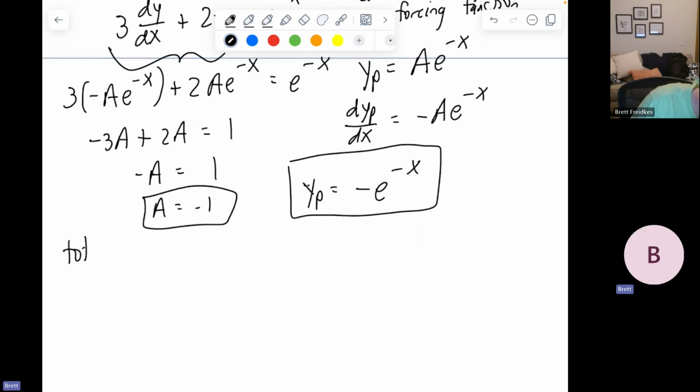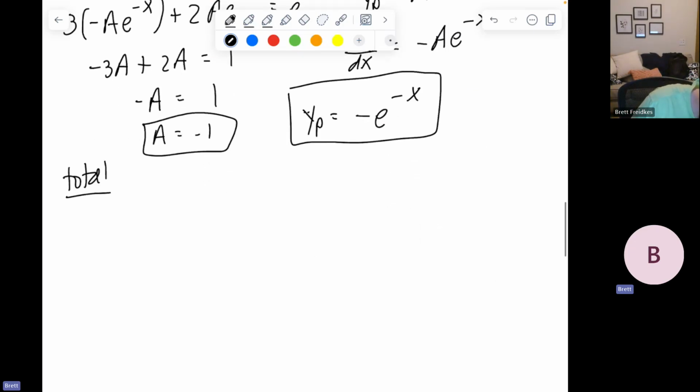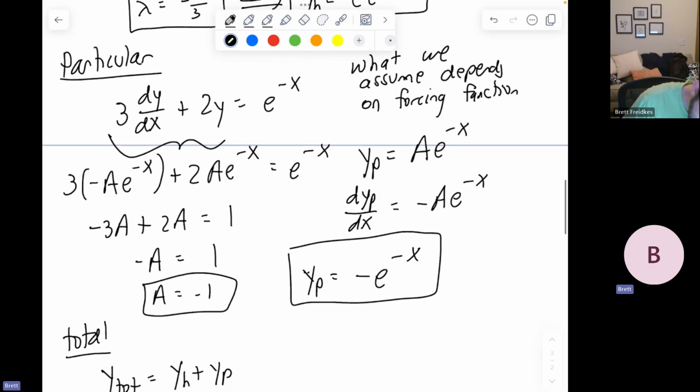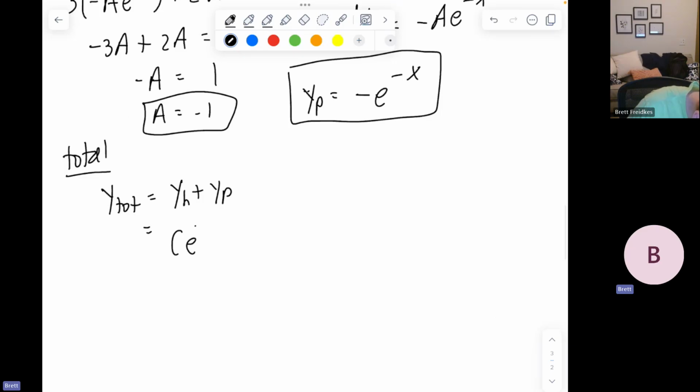So our total solution now is the sum of those two. I'll write it in the order we found them: YH plus YP. If we scroll back up, YH is C e to the negative 2/3 x, minus e to the minus x. That is our Y total.